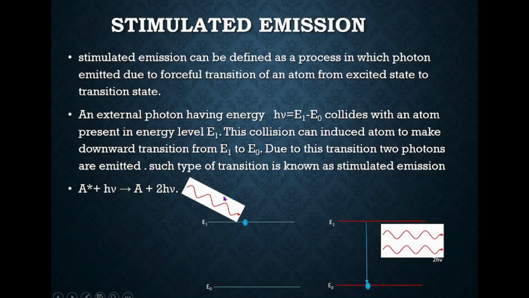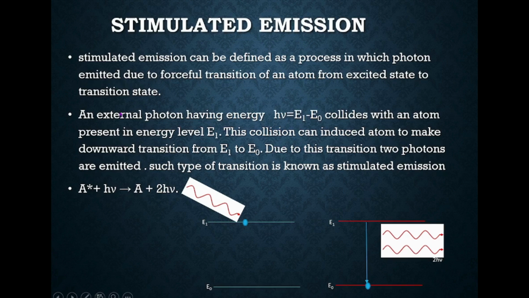Keep in mind that the external energy we provide only triggers the atom to go into the ground state. That atom does not absorb this photon energy. So the incident photon and the emitted photon, both photons, make 2 h nu, meaning two photons will be there in the emission state.